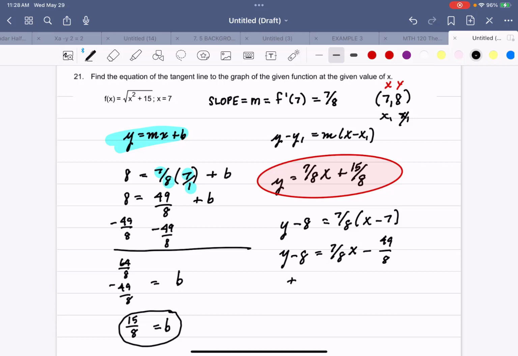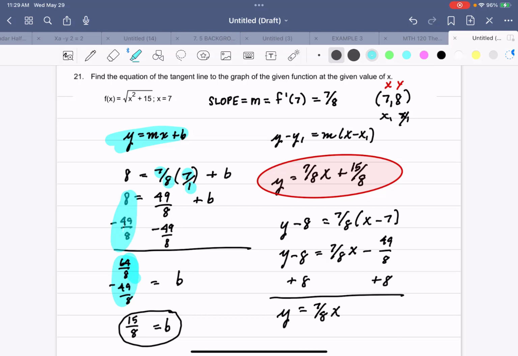And then I have to add 8, and look, it comes out to be exactly the same. y equals 7/8 x, and here's your minus 49 over 8 plus 8. Well, that's this right here, 8 minus 49 over 8. So that's going to also come out to plus 15/8. So either method is fine, and you may choose to do either one on a test.